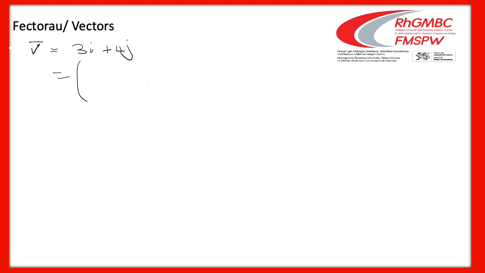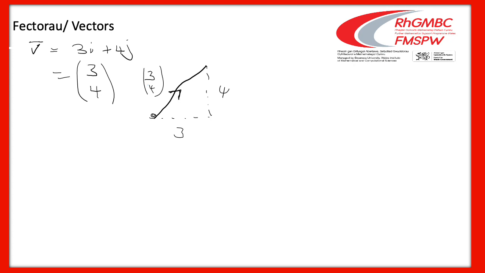Now I personally, because my writing is as poor as it is, don't like writing i's and j's, so I write my vectors as (3, 4). And that simply means that I go 3 across and 4 up, and here's my vector (3, 4), and it represents a movement.